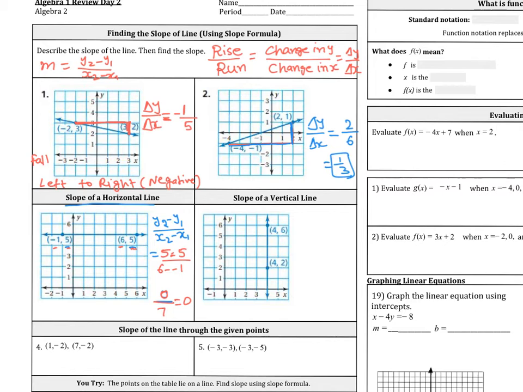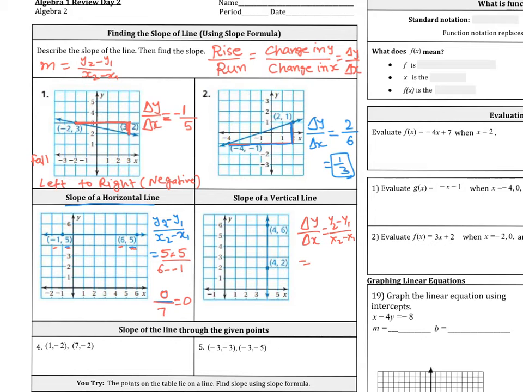Slope of a vertical line. So the slope of a vertical line, again, is change in y over change in x. That's also called y2 minus y1 over x2 minus x1.